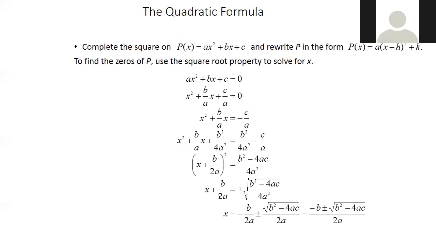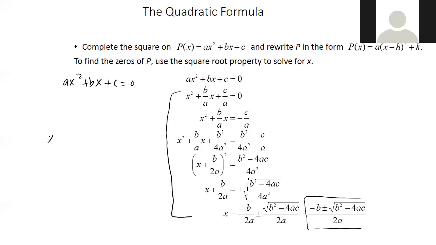The quadratic formula. You probably remember the quadratic formula from the previous math classes you took. This is x equals minus b plus and minus the square root of b squared minus 4ac, divided by 2a. If you recall, this is the formula you need to remember. If I have ax squared plus bx plus c equal to 0, when you go through these calculations, you get x is equal to minus b plus and minus square root of b squared minus 4ac divided by 2a.